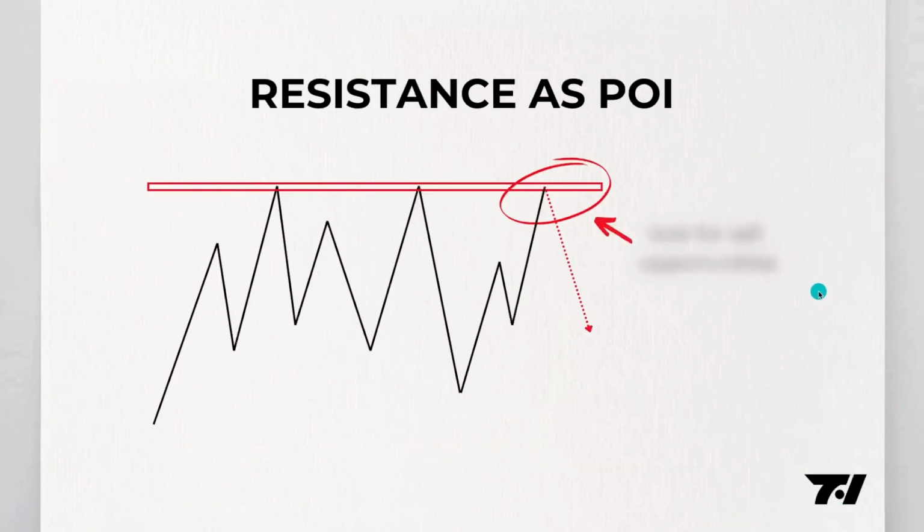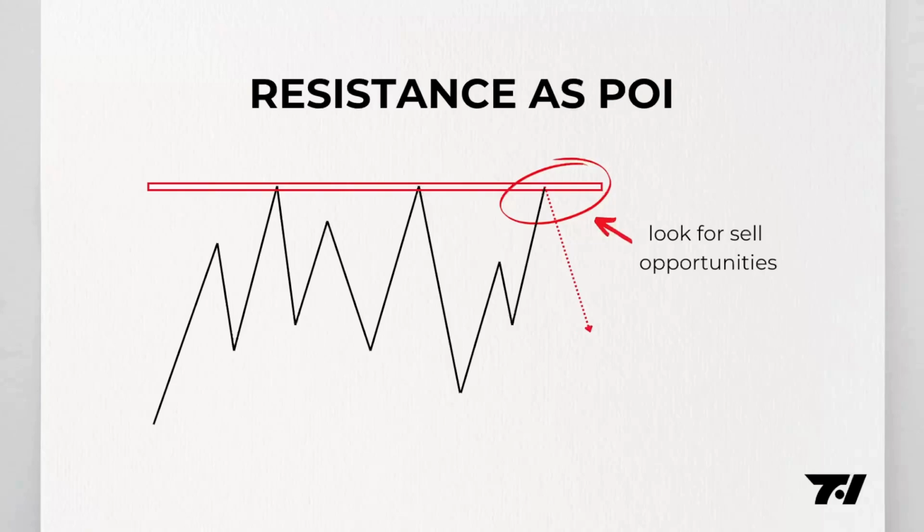Okay, now resistance, same thing. Once you've identified resistance in that level, as soon as price comes back to that resistance again, the idea is for you to look for sell opportunities. Again, why do we buy at support and sell at resistance?